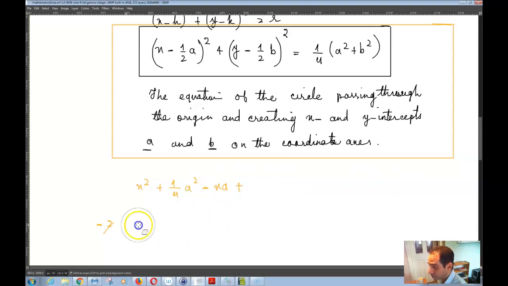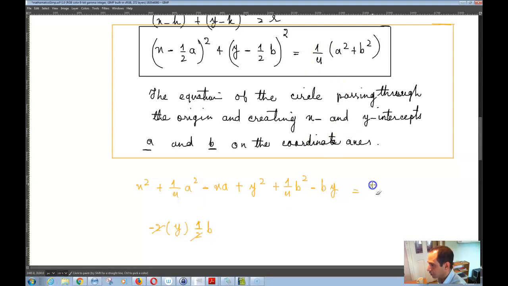Plus, here you have y squared and 1/4 b squared, and over here I have negative 2 times y times 1/2 b, so these two will cancel out, so that's negative by.